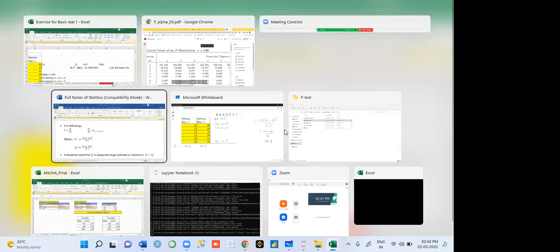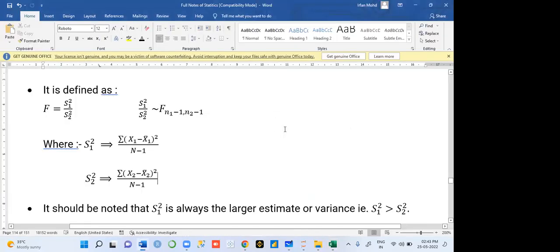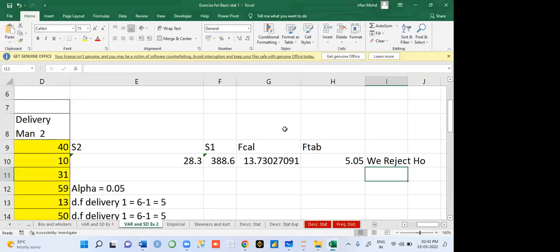No. As per the rule you have to go. Whichever S1 value is greater, you will count as S1. Now clear? Now you write F tab. See below, F tab 5.05. 0.05. Whichever variance is greater, that is treated as S1 for you.